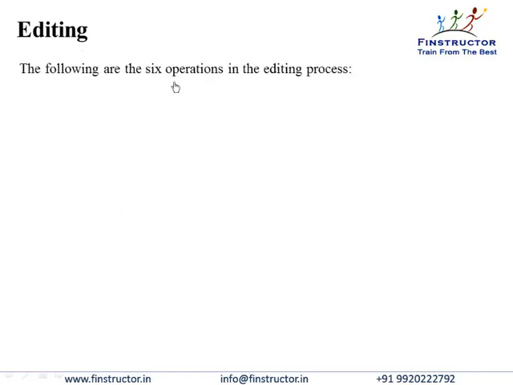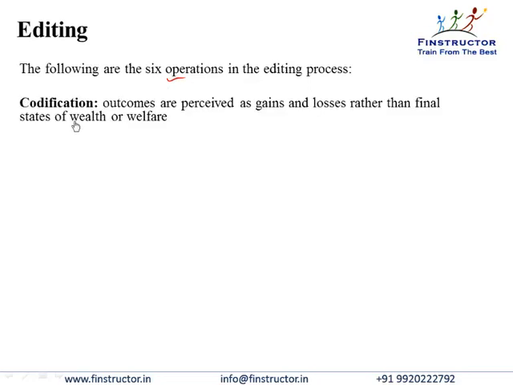Editing has 6 operations involved. So when we are presented with large information from a behavioral perspective, before we start evaluating the different stocks, we edit the information in the following manner. The first step is called codification.